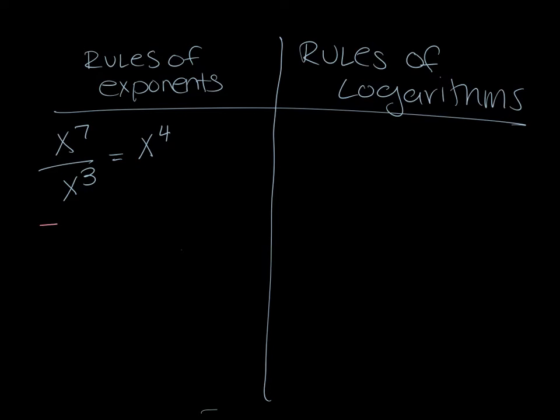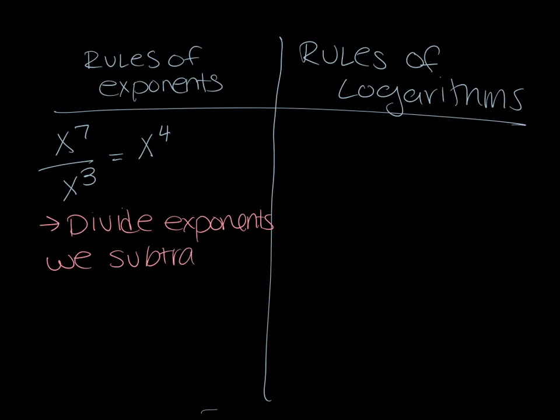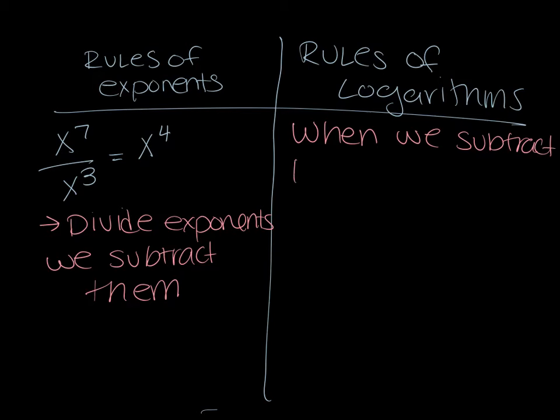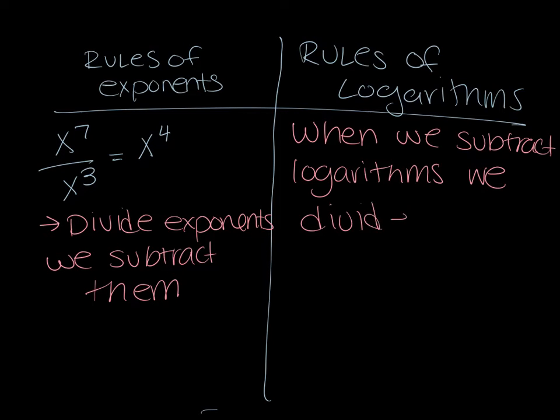So the generic rule is when we divide exponents, we subtract them. Well, for logs, we just do the opposite. When we subtract logarithms, we divide them. So give yourself a moment and copy this down before I move on to the next page. If you need any time, pause it, because this is in your own time.